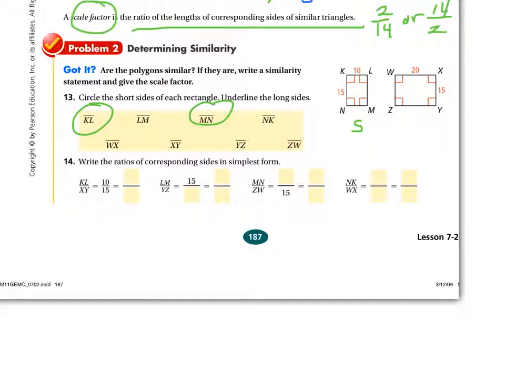For the large rectangle, what are your short sides? So this one's 15 and this one's 20. So wouldn't XY be the short side? They're asking you this on purpose because XY is the short side and the side opposite, WZ, is the other short side. Are the rectangles oriented correctly?